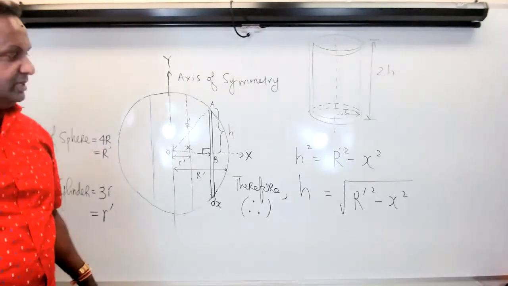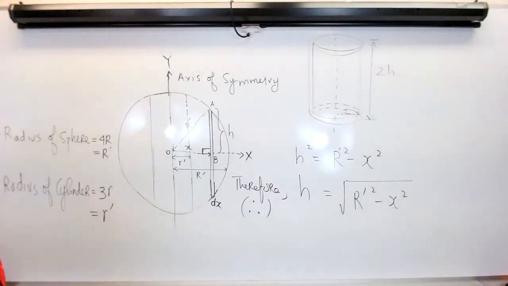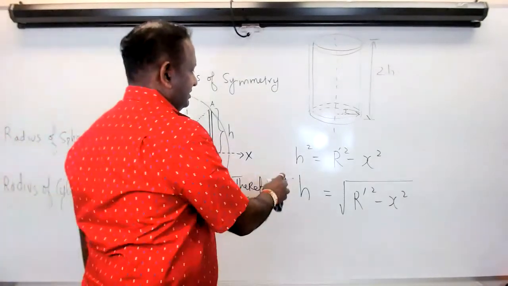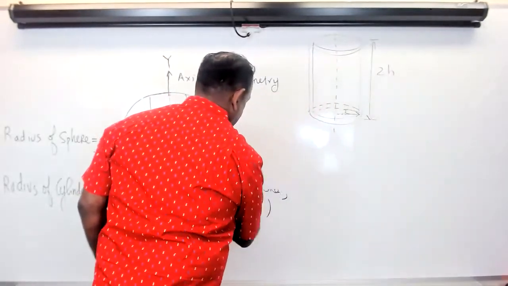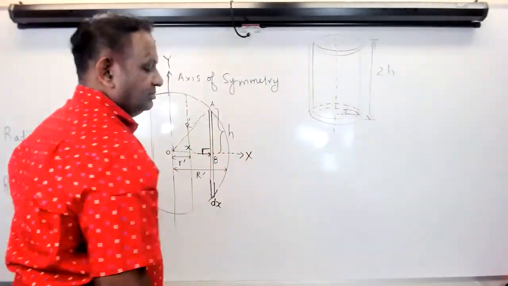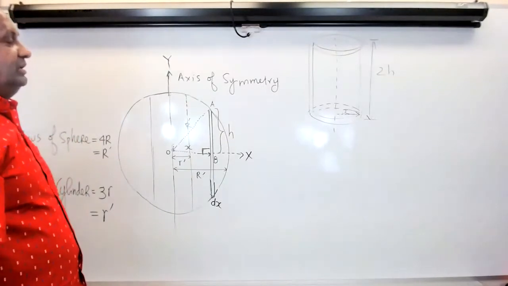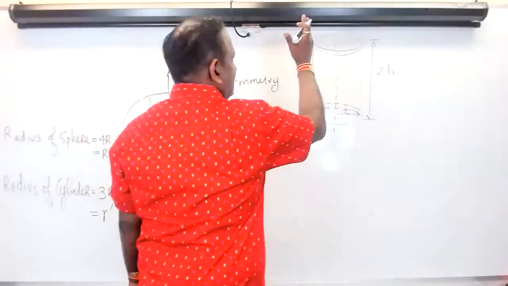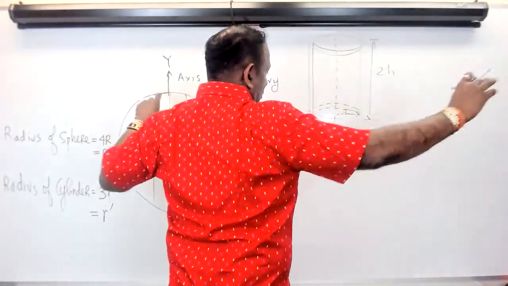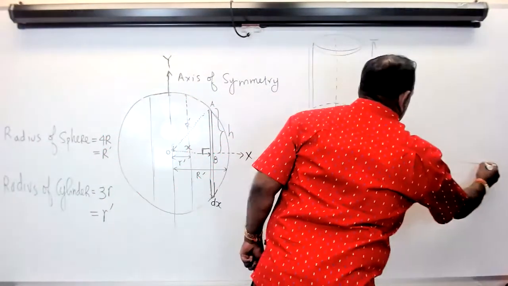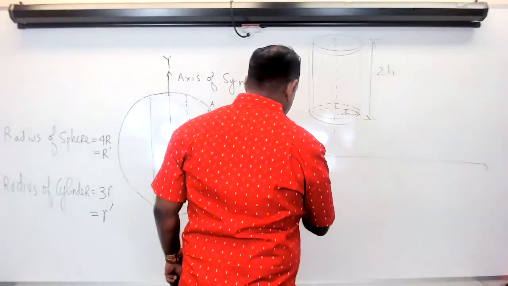Now let's get back to that one. Now we have to find the volume of that shell. How do you find the volume of the shell? It's easy if you cut it open. Look at it cut open. We're going to have something like this.